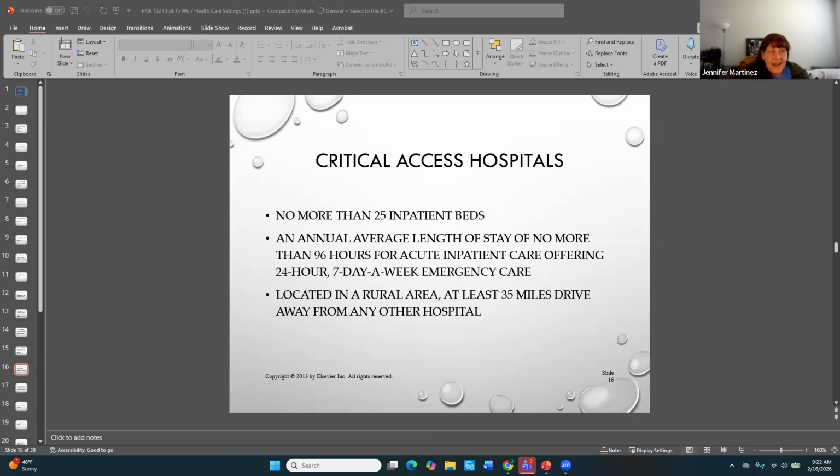Your critical access hospitals generally provide specific Medicare conditions, and so they usually don't have any more than 25 inpatient beds, with an annual average length of stay of no more than 96 hours for acute inpatient. They're more in rural areas, at least 35 miles drive away from any other hospital.